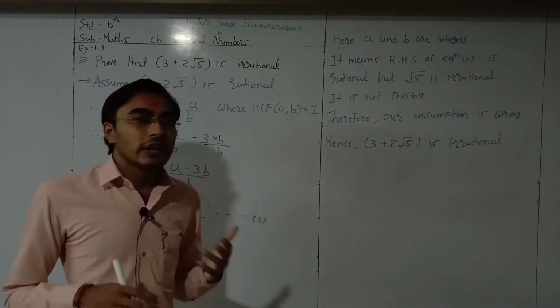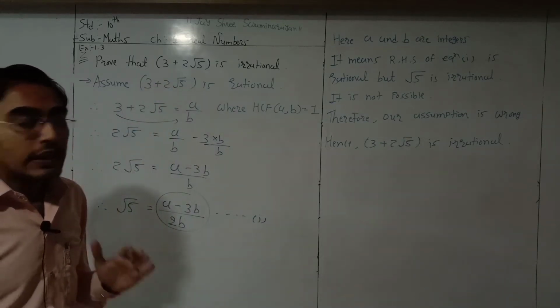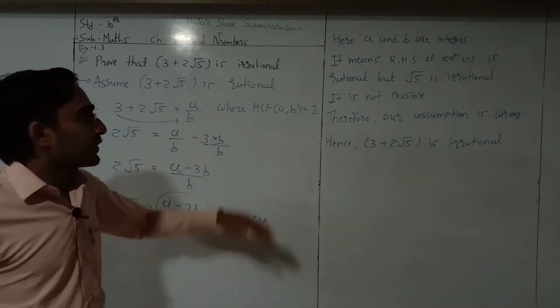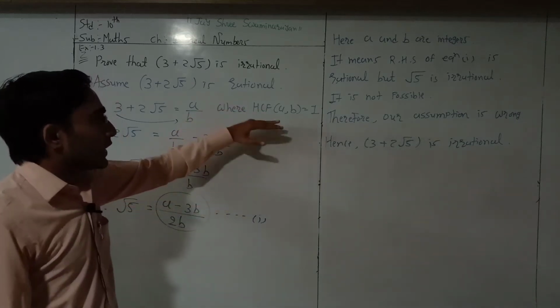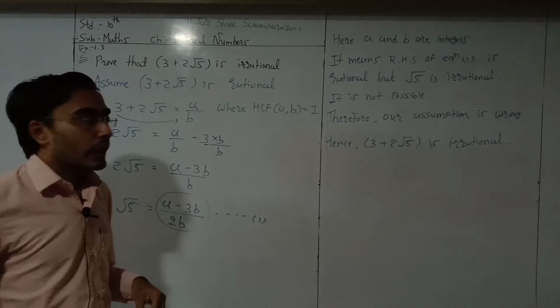Co-prime numbers means nothing is common between these two numbers. There is no common factor in a and b. It means that the HCF of a and b is equal to 1, right? HCF of a and b is equal to 1, that means there is no common factor.